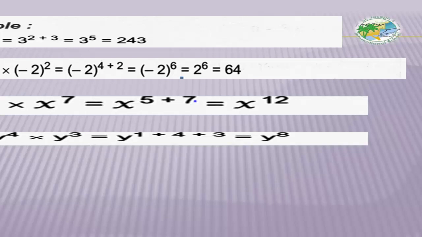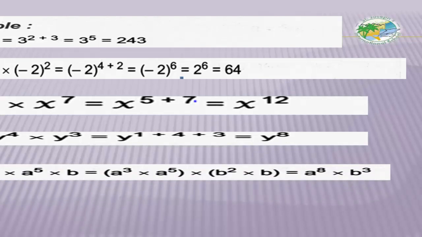Here the same base, sign and number. We can add. We have y power 1 times y power 4 times y power 3, the same base. Add the powers 1 plus 4 plus 3. 1 plus 4 is 5, plus 3 equals 8, equals y power 8. Fine.